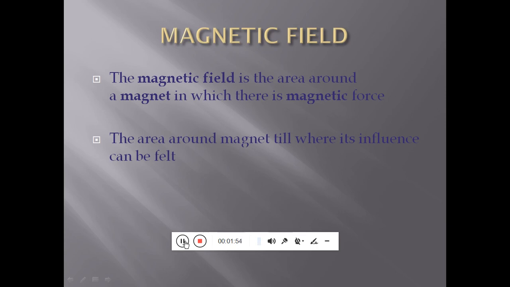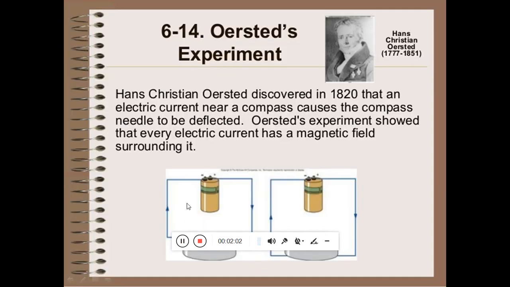The words magnetism and electricity are very closely related to each other. There was a scientist, Hans Christian Oersted. He discovered that electric current can produce magnetism. What he did was, he took a wire, passed electric current through it, and placed a magnetic compass near that circuit.